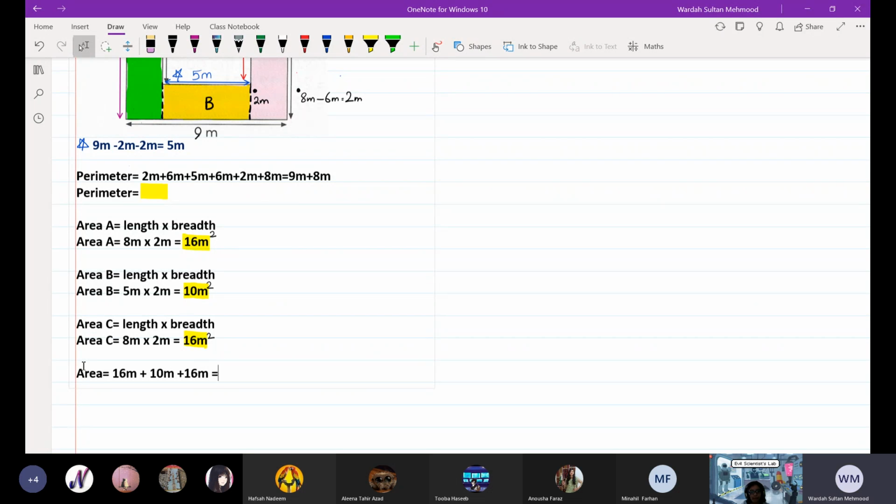Don't forget to add square whenever you're writing area. Let's add them here. 6 plus 6 is 12, and it's 4 here, so the answer is going to be 42 meter squares. Is everyone clear with everything here? Any questions? No. All right.